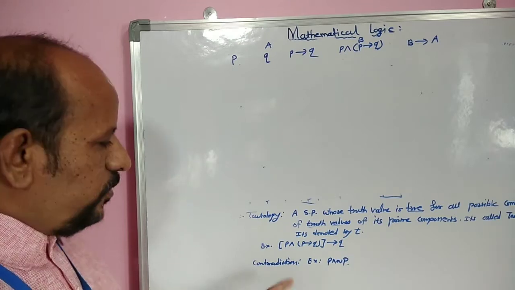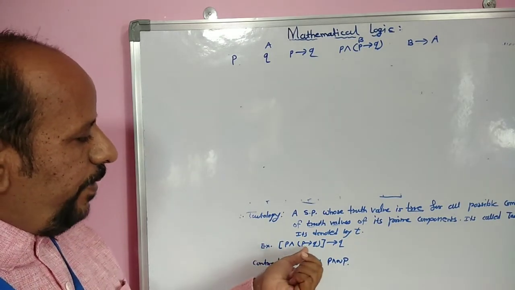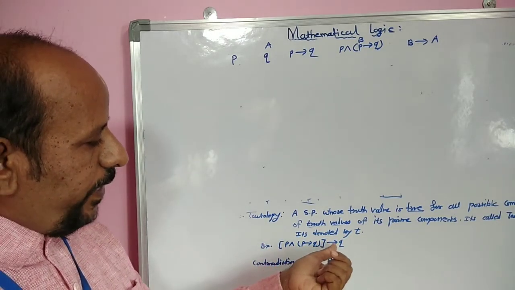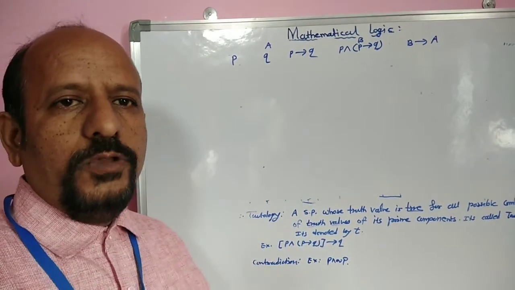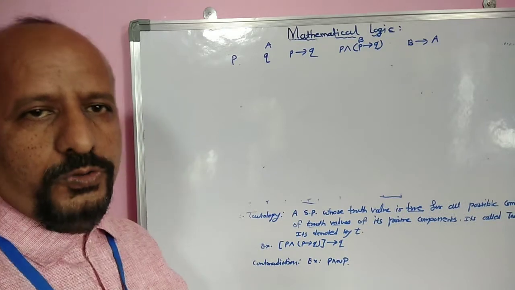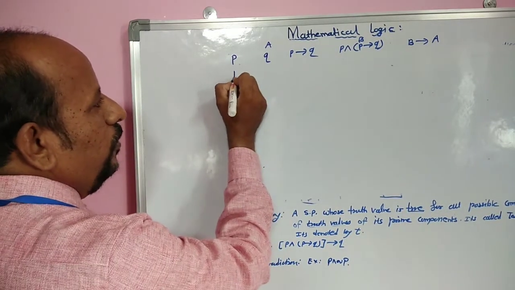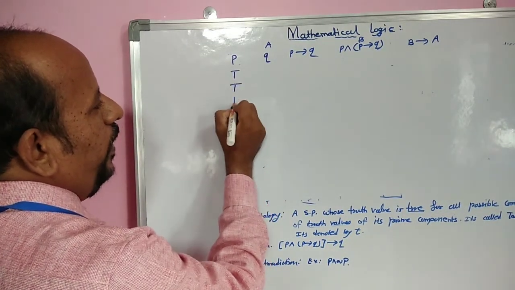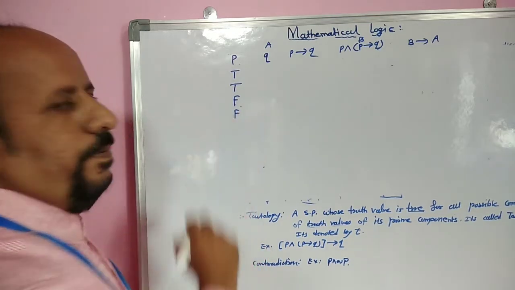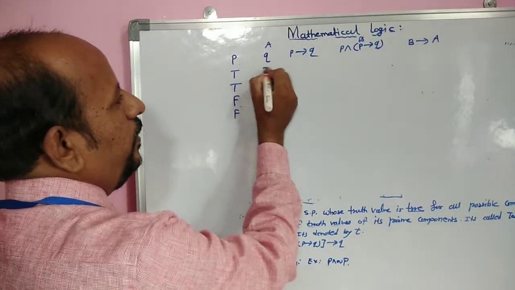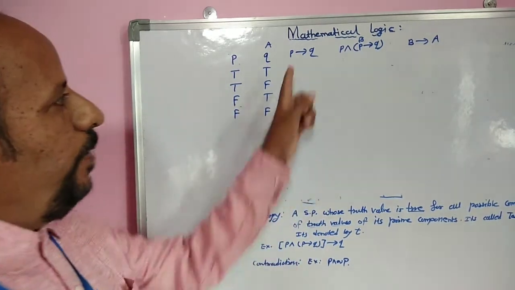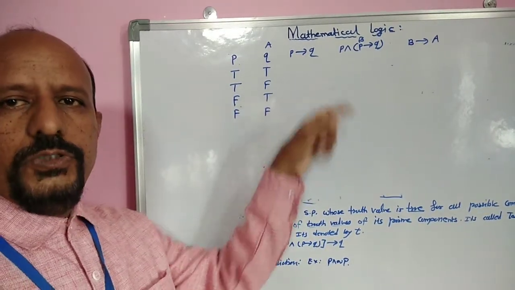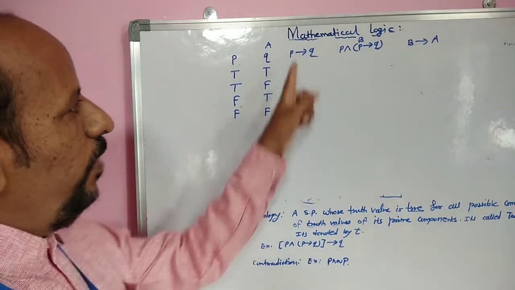We see the example of tautology: [P and (P implies Q)] implies Q. As there are two atomic statements P and Q, there are 4 rows. In the first column, 2 are T and 2 are F. In the next, T, F, T, F. Now P implies Q. Use the definition of one-way implication.